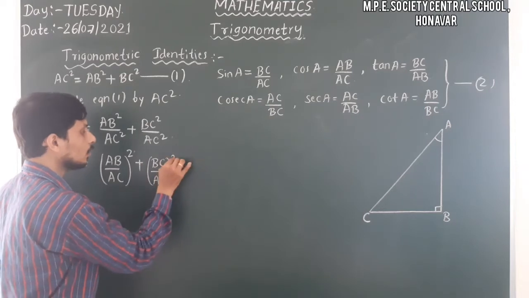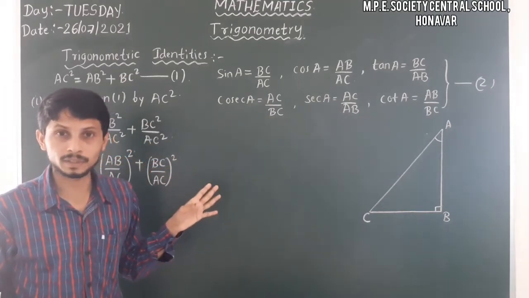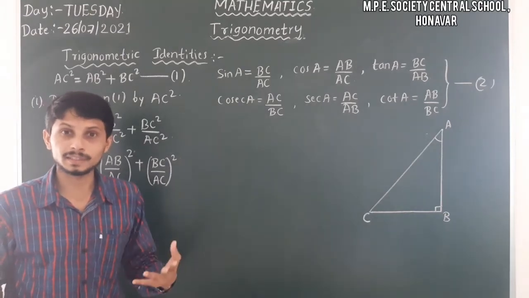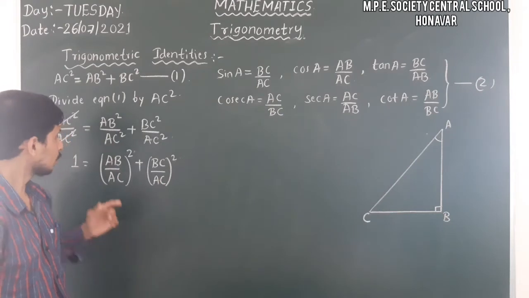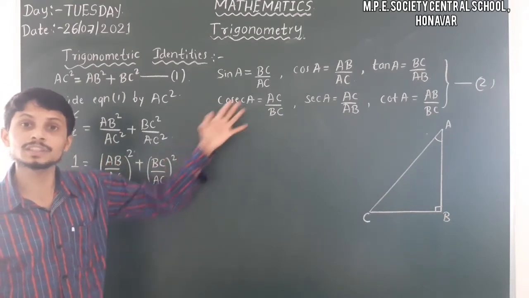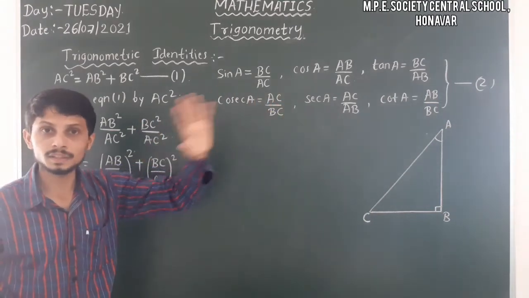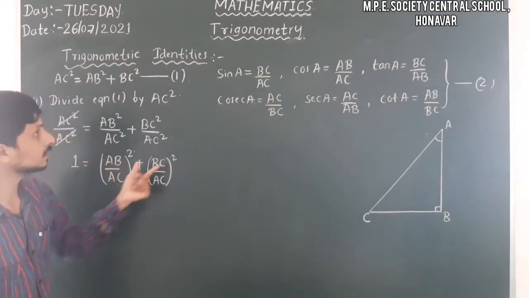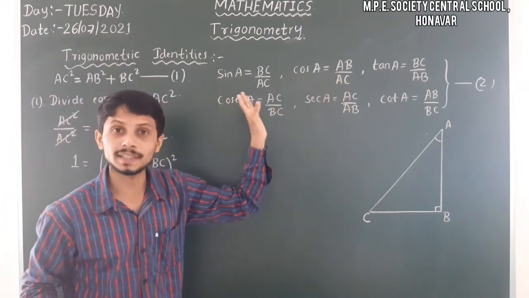You already know the law of exponents: A raised to m by B raised to m is equal to A by B whole raised to m. The same thing here. Now we have to find which trigonometric ratio each of these belongs to. AB by AC is cos A.